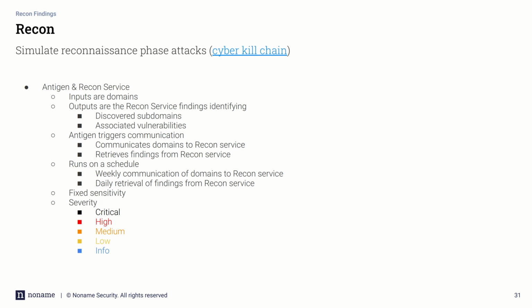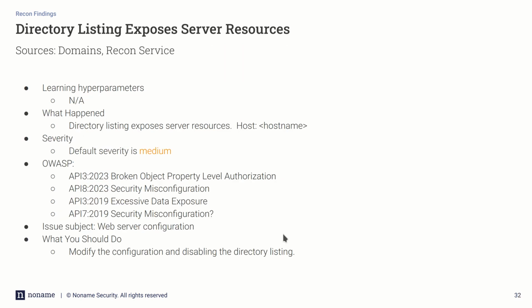Now I want to mention that this is less true for the recon service because the sensitivity is usually fixed, right? It is fixed. So there isn't much to inspect in the recon service before we set a sensitivity. Okay? All right. So as a case in point, default severity is set to medium. There's nothing else to inspect.